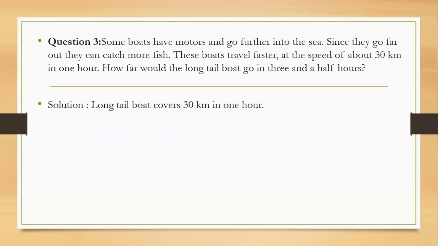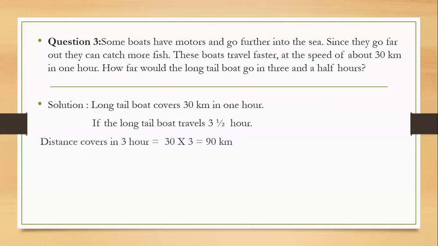You know that the long-tail boat covers 30 km in 1 hour. If the boat travels 3.5 hours, what we will do, you know our steps, is take the whole number first, then the fractional part. So first we'll take 3 hours. If in 1 hour it is 30 km, then in 3 hours it would be 3 times 30, that is 90 km.